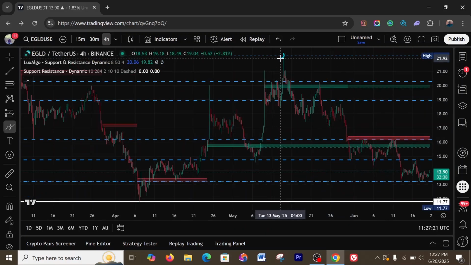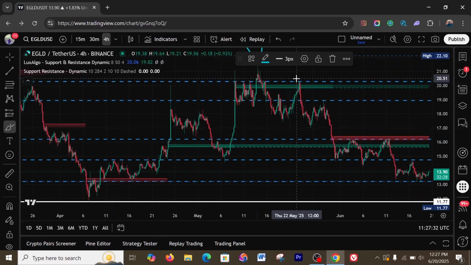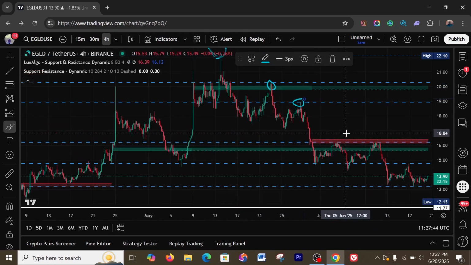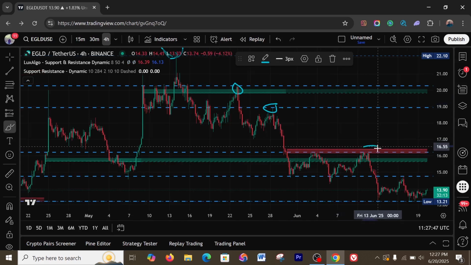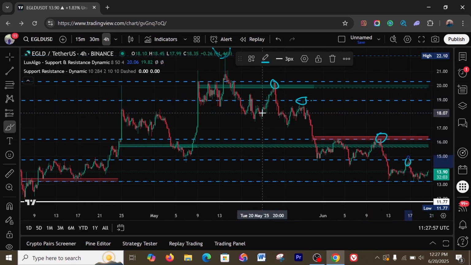This is the first point, this is another point, this is another point, this is another point, and this is another point. You could see all of the points.